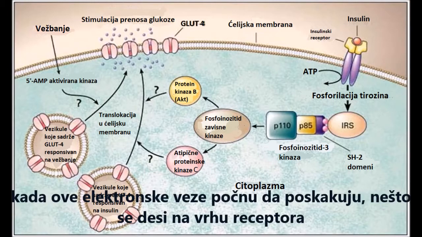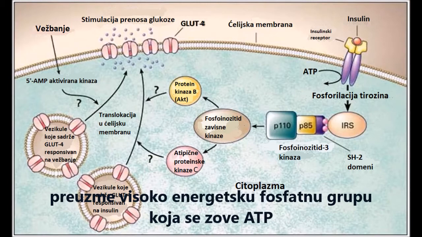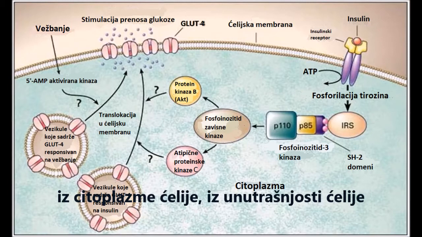When these electron bonds get jiggled around, something happens at the tip of the receptor. An amino acid called tyrosine, which is present at the tip of the receptor, picks up a high-energy phosphate group called ATP from the cytoplasm of the cell, from the interior of the cell.